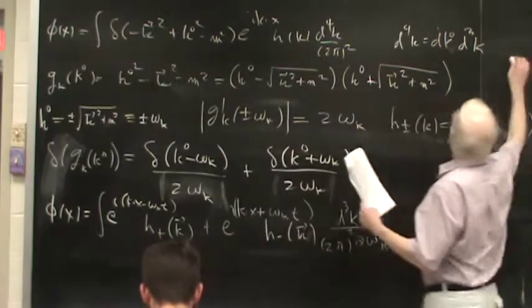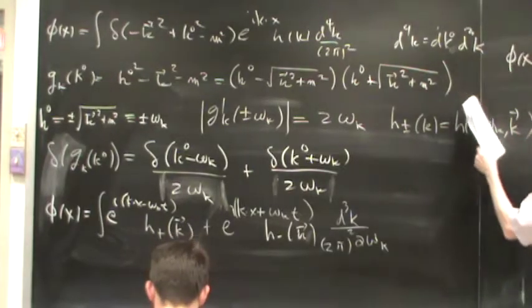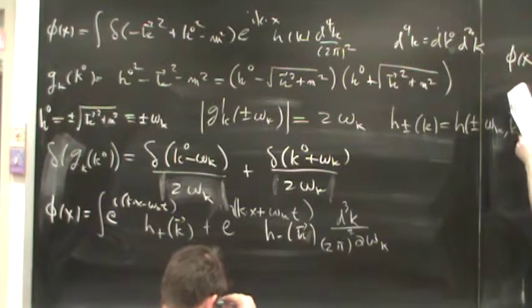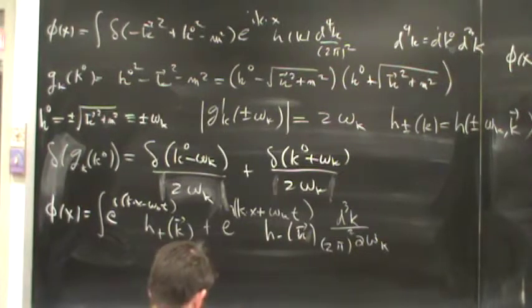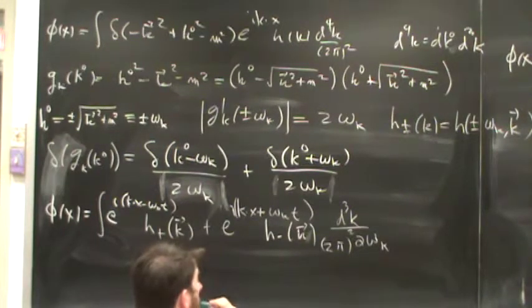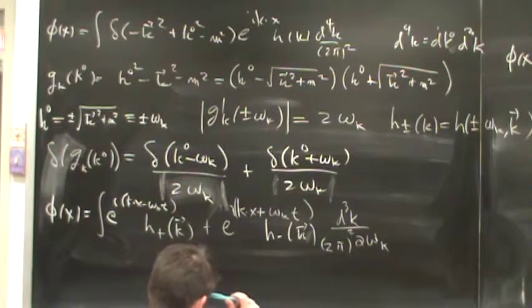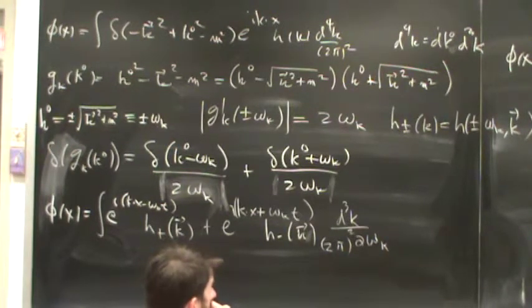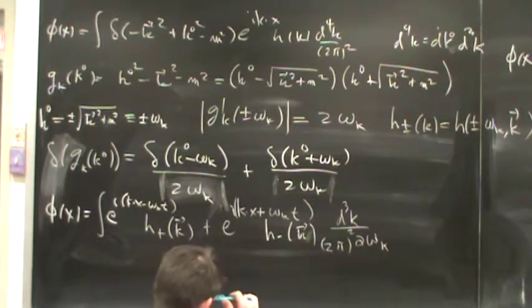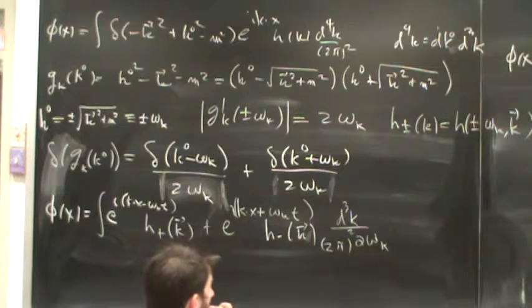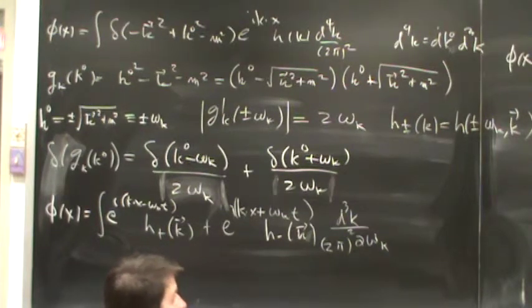And so what we get is phi of x equals integral e to the I k dot x minus omega k t h plus of k plus e to the minus I k dot x minus omega k t h minus now of minus k vector, and still d cubed k over pi squared 2 omega k.